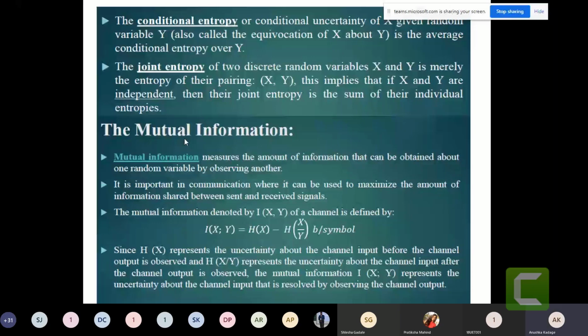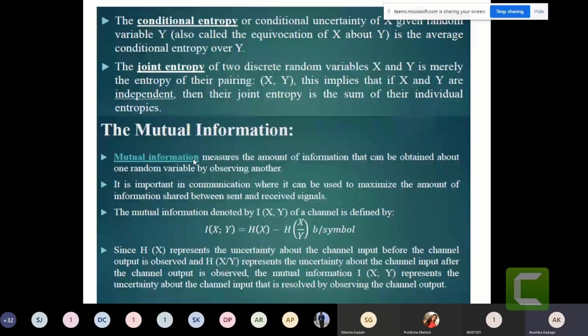Generally, mutual information tells us about the variation in uncertainty of that event. At the transmitter, it may be uncertain whether I am always going to transmit my first symbol.